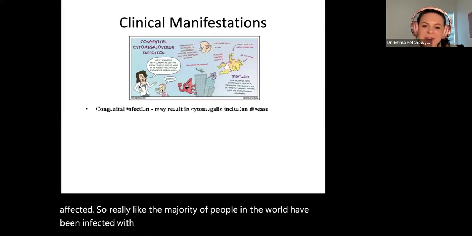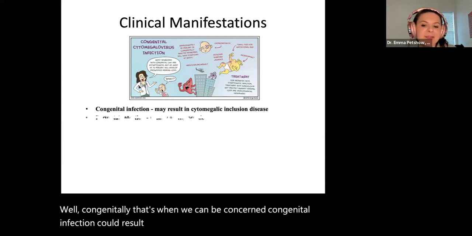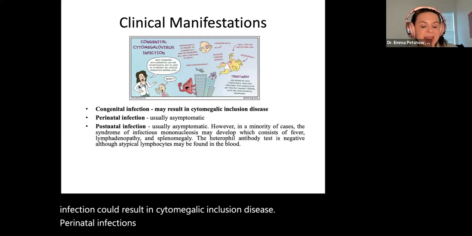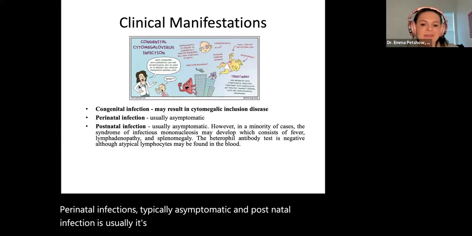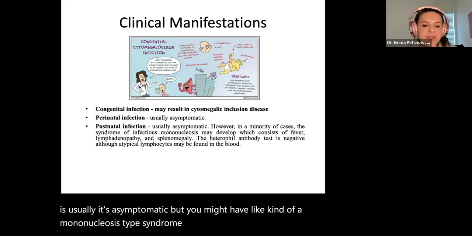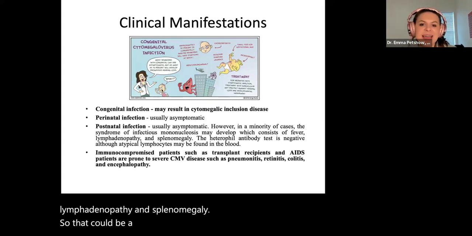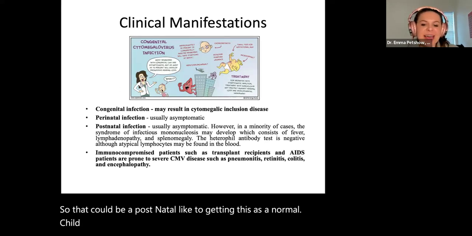So what does it look like? Well, congenitally, that's when we can be concerned. Congenital infection could result in cytomegalic inclusion disease. Perinatal infections are typically asymptomatic, and postnatal infection is usually asymptomatic, but you might have a mononucleosis-type syndrome develop with fever, lymphadenopathy, and splenomegaly. So that could be postnatal, getting this as a normal child, adolescent, adult.